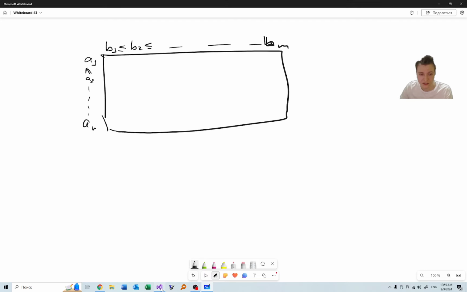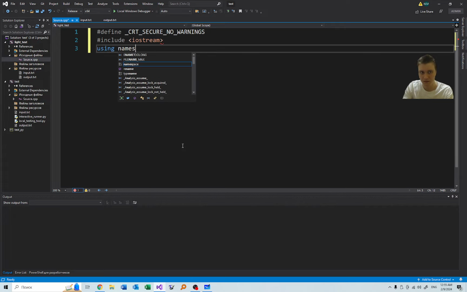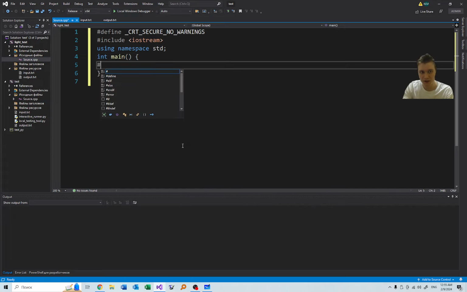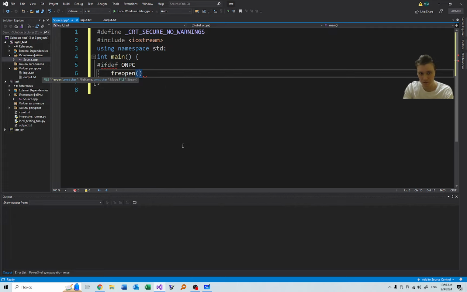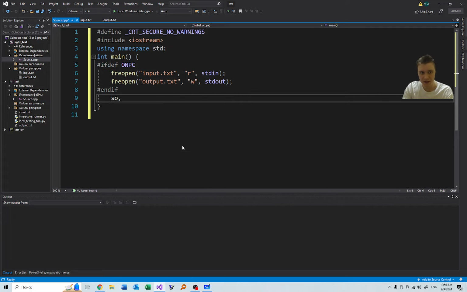Actually, let's also read these numbers. To read them, we need to turn on files and turn on multitest.